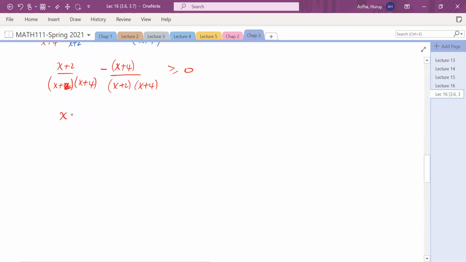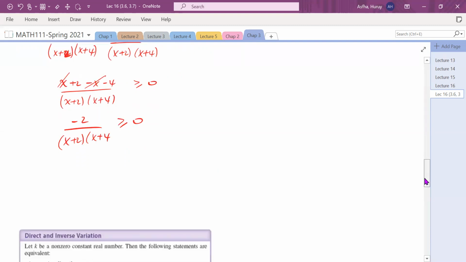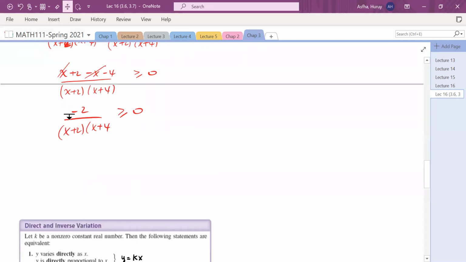So we will have x plus 2 minus x minus 4 over (x plus 2)(x plus 4) greater or equal to 0. And here x cancels out, and this is negative 2 over (x plus 2)(x plus 4) greater or equal to 0. So we don't have any x on the numerator, but we have it on the denominator. Still, this is a rational inequality, and of course, the left side is a rational expression by itself.